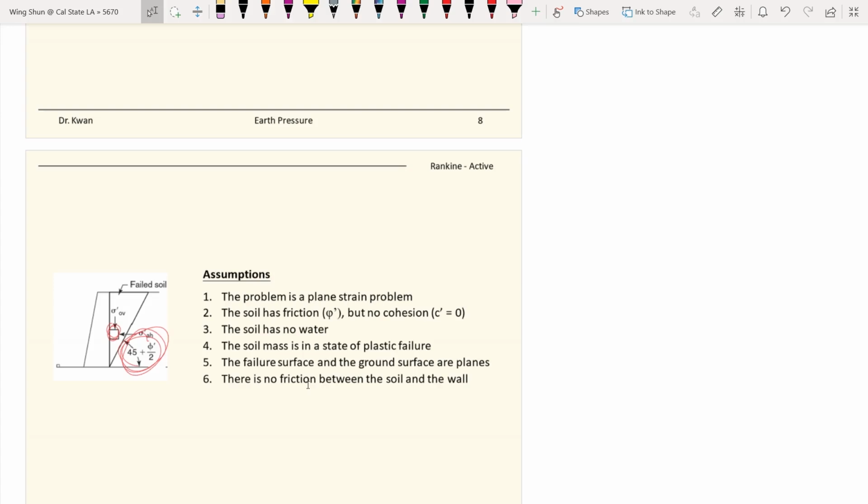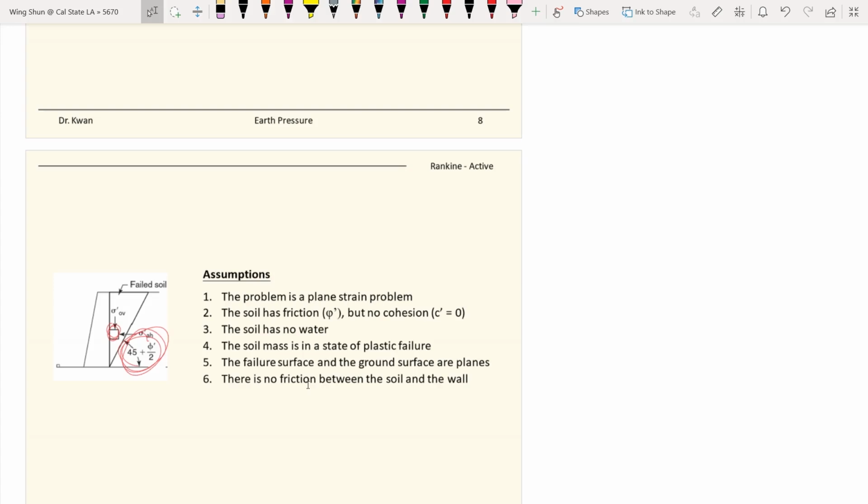Remember, like you try to represent most UU tests, right? When you work in the lab, you are working on either UU tests, the unconsolidated undrained tests, or unconfined compression tests. You can see how sigma 3 is fixed, but sigma 1 just keeps changing until it hits a failure.